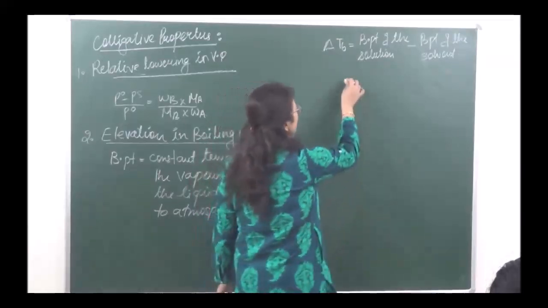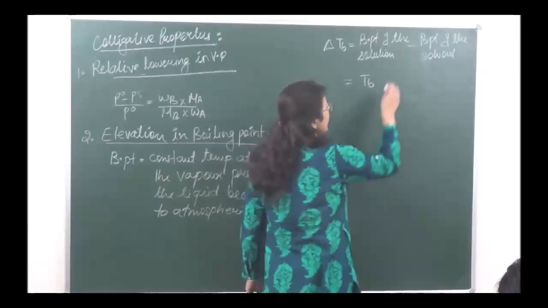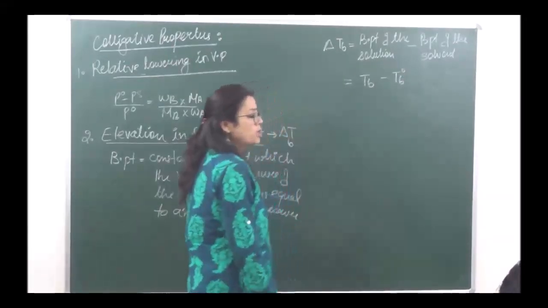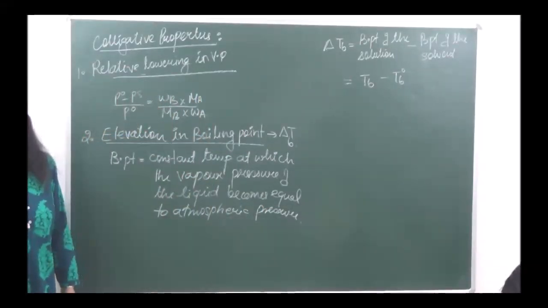Okay, if the boiling point of the solution is taken as Tb and the boiling point of the solvent is represented as Tb naught, then delta Tb will be represented as Tb minus Tb naught.